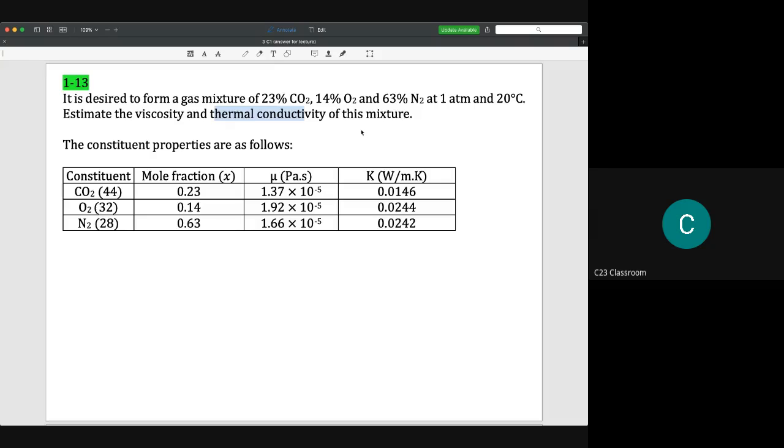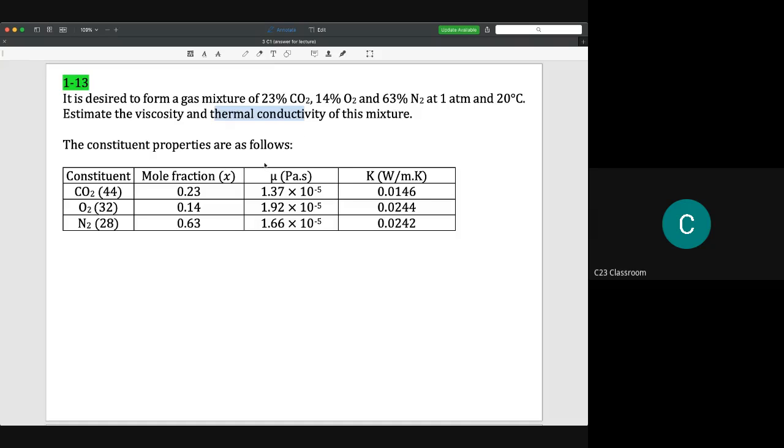For liquid, actually, we could measure it by using the rotational viscometer, and then we could get the value of dynamic viscosity. But for gas, it is quite difficult to measure it. So normally we will use the viscosity of pure gas, and then we estimate when this gas is mixed together.